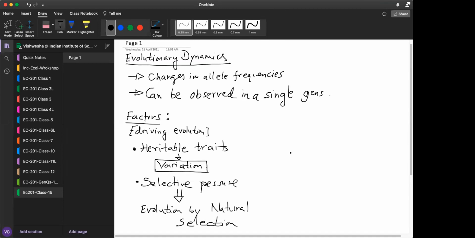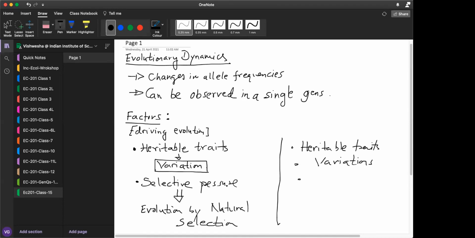Is it possible to have evolution in the absence of natural selection? Of course, you always need heritable traits, and you always need variation in them.